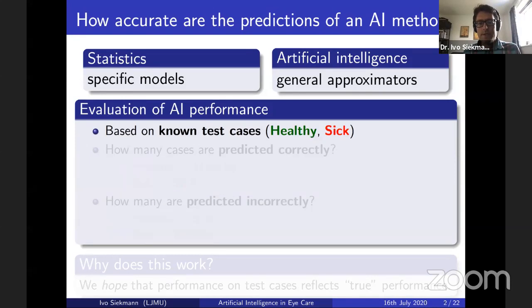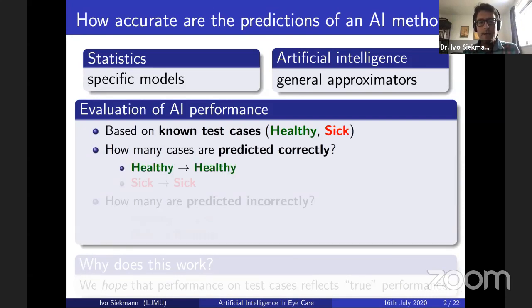What you do is you take known test cases. We have test cases where we know, for example, in a health context, if a patient is healthy or sick. And we can find a very simple way to assess the performance of a method by just saying how many cases have we predicted correctly.